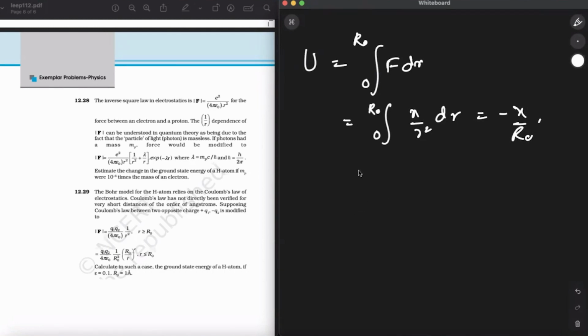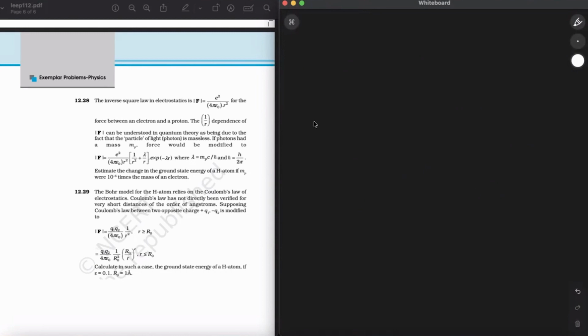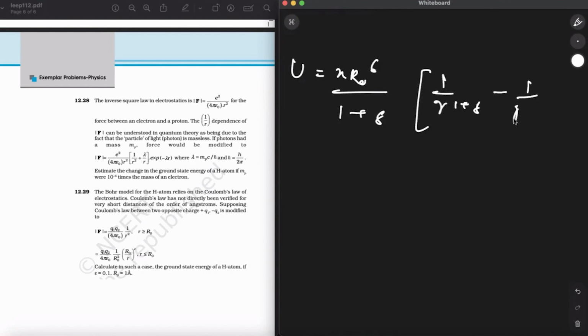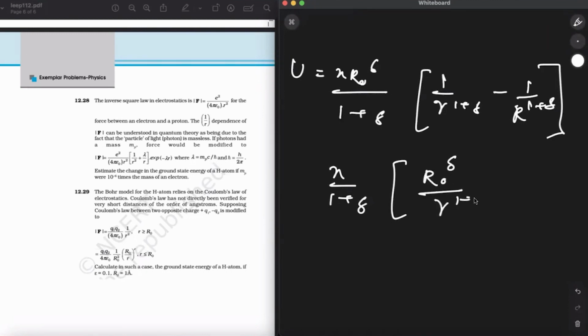From r naught to r it can be written as the integral of X r naught delta upon r 2 plus delta dr. So if you integrate this, we get X upon 1 plus delta, r naught delta, times 1 upon r raised to 1 plus delta minus 1 upon capital R raised to 1 plus delta, minus X upon r naught.